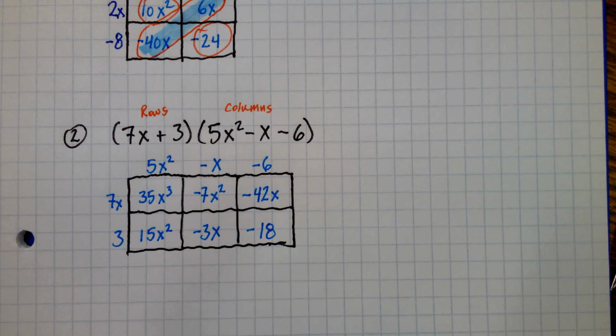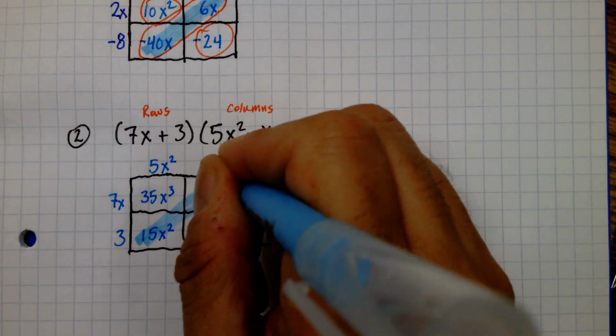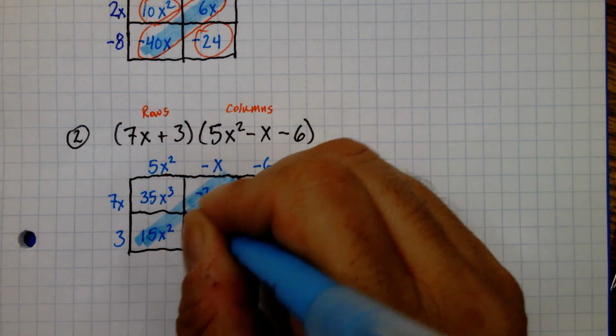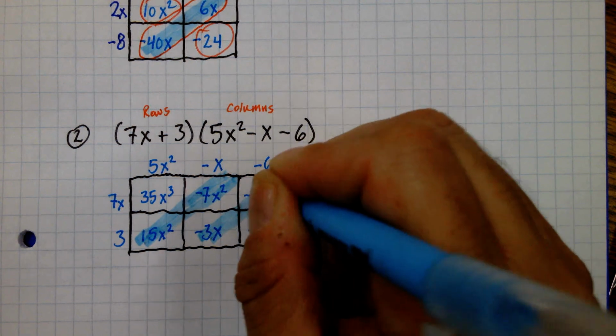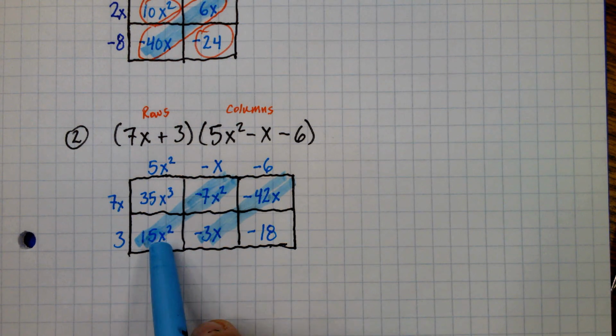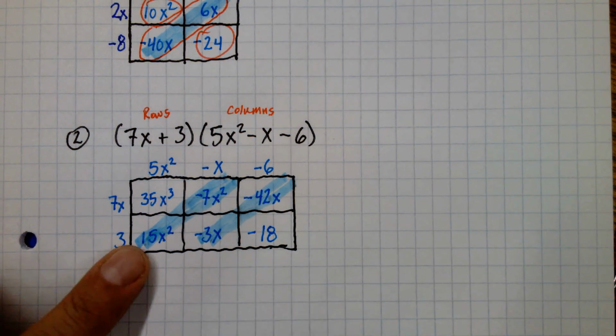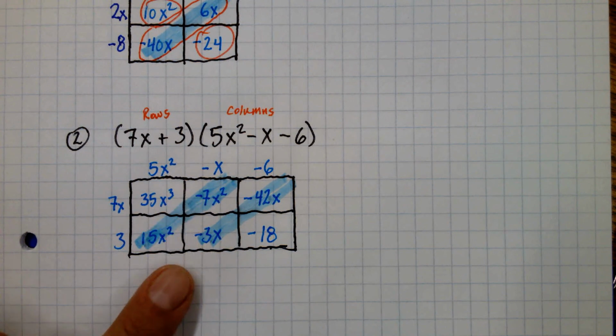Now, if we did this correctly, everybody got that? Look at your diagonals again. There's one diagonal, there's another diagonal. Do we have like terms there? Yeah, x squared on that diagonal, x and x. So this diagonal is quadratic.